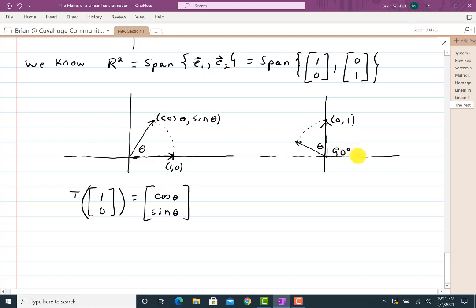So the whole angle from start to finish, if you will, is theta plus 90 degrees. So this point here is cosine of theta plus 90 degrees, sine of theta plus 90 degrees.